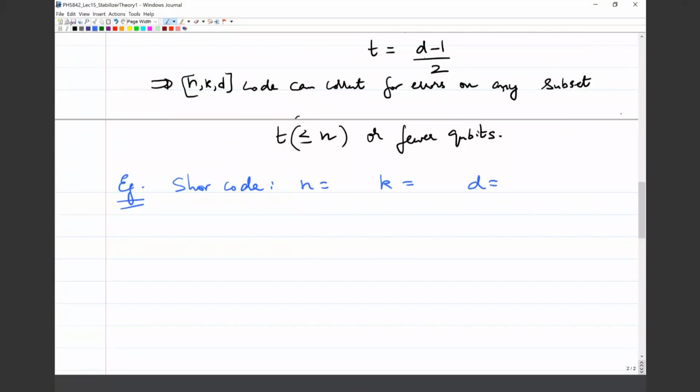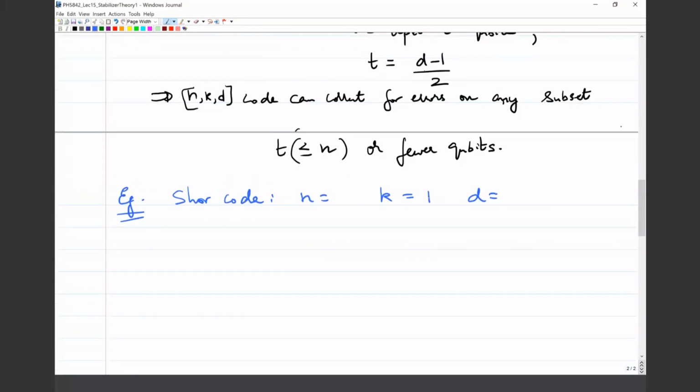Can anyone tell me? I'm talking about the Shor code. So N is? Okay, so it is 9. So for the Shor code, remember N is 9.